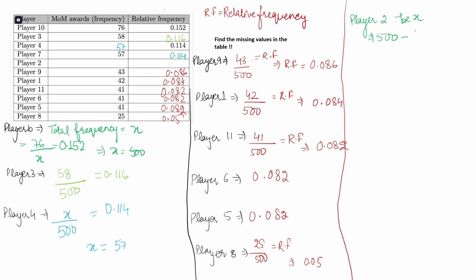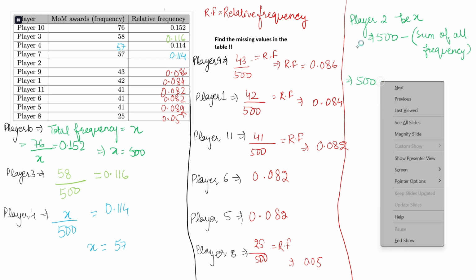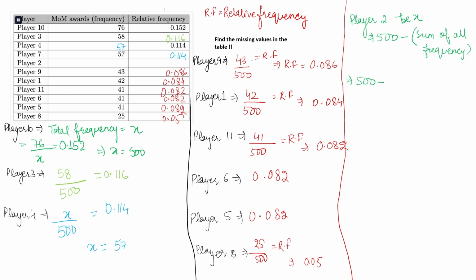Now if we add all the frequencies, the sum of all the frequencies, 500 is equal to 481 plus x.